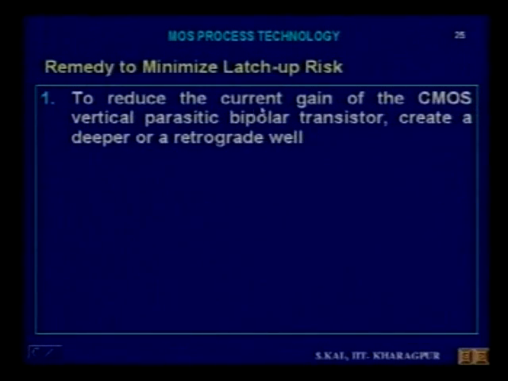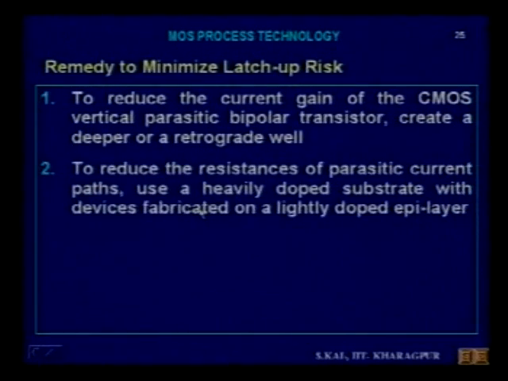First remedy is to reduce the current gain of the CMOS vertical parasitic bipolar transistors by creating a deeper or a retrograde well. Second remedy, to reduce the resistances of the parasitic current paths, use a heavily doped substrate with devices fabricated on a lightly doped epi layer.